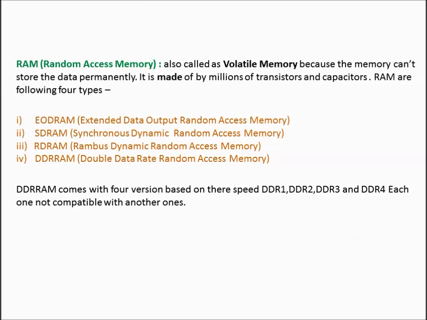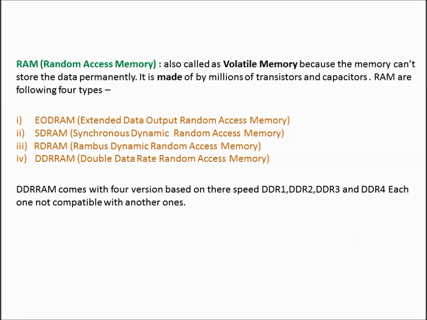RAM, random access memory, is also called volatile memory because it can't store data permanently. It is made of millions of transistors and capacitors. RAM has the following four types. Number 1, EDO-RAM, extended data output random access memory. Number 2, SD-RAM, synchronous dynamic random access memory.